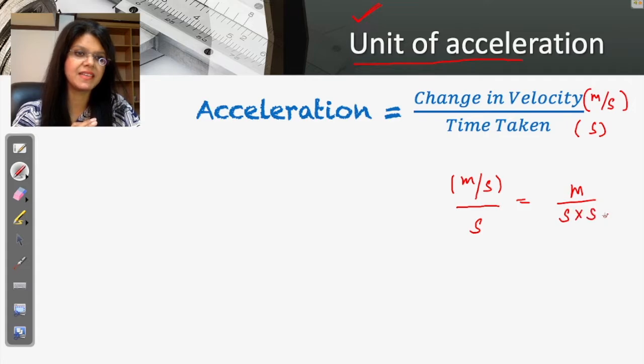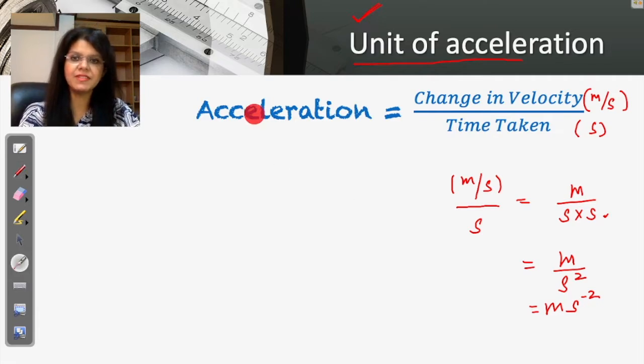Denominator stays as it is. So the whole unit changes to meters per second square, which is the same as meters second to the power minus 2. So what is the unit for acceleration? It is meters per second square. You can write either this way or meters second raised to the power minus 2.